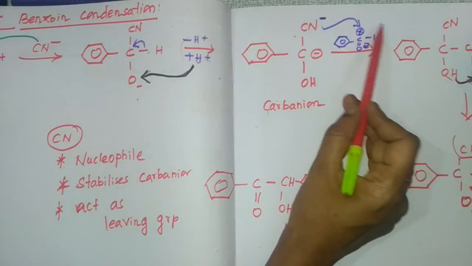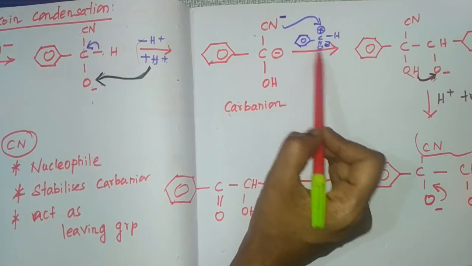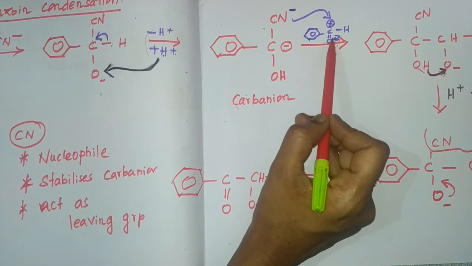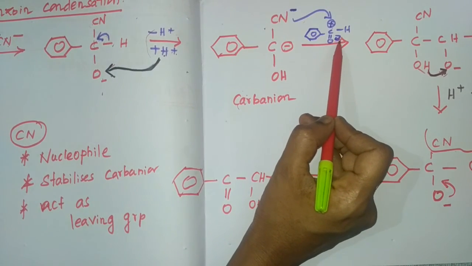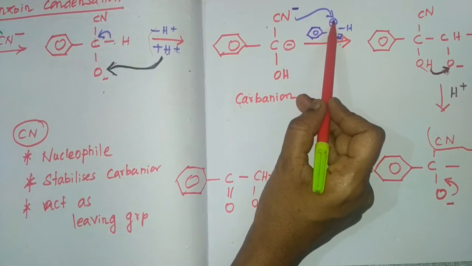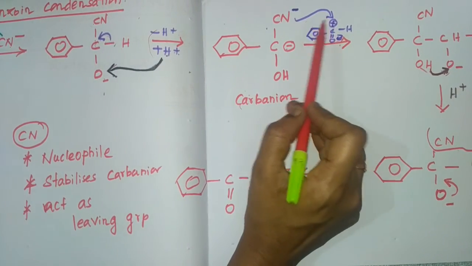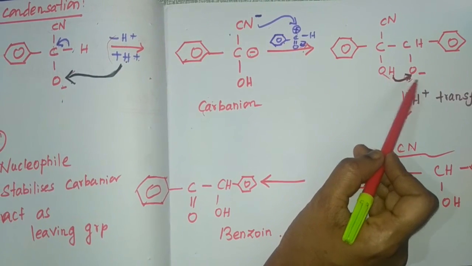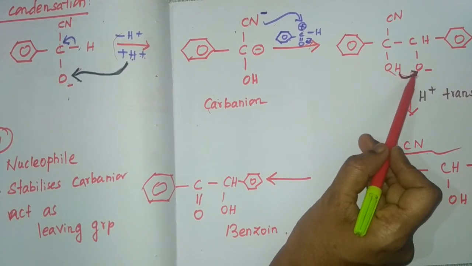Next, to this carbanion you are going to add another mole of benzaldehyde. Again the same thing, oxygen will take the electrons, carbon will become positively charged, and that will be attacked by the cyanide. So you have to combine it with the benzaldehyde, and show it here. Next, H plus transfer.